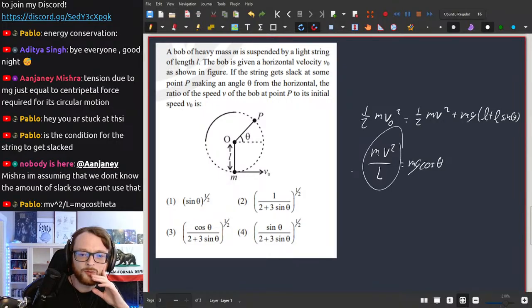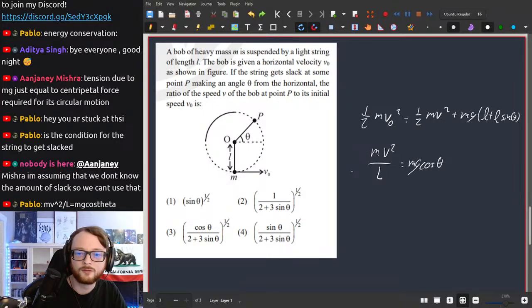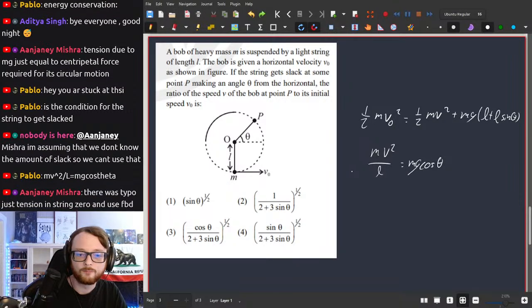What is this centripetal acceleration? Is equal to horizontal acceleration?